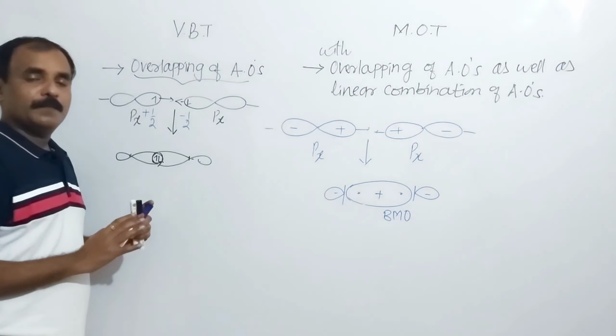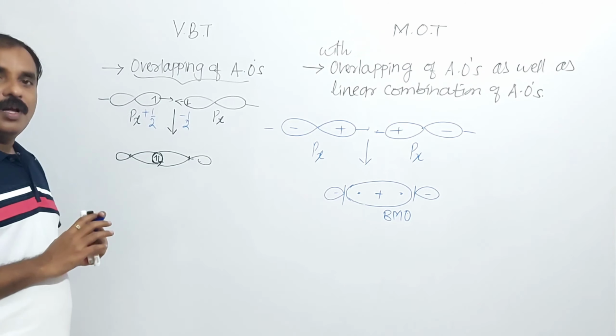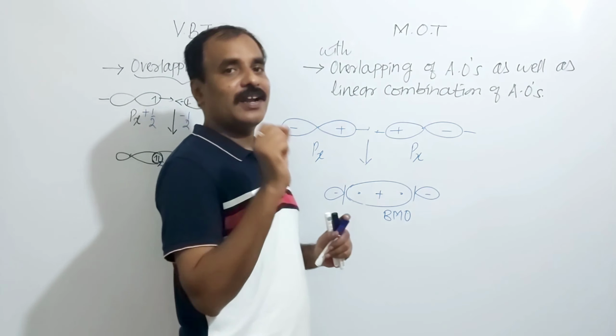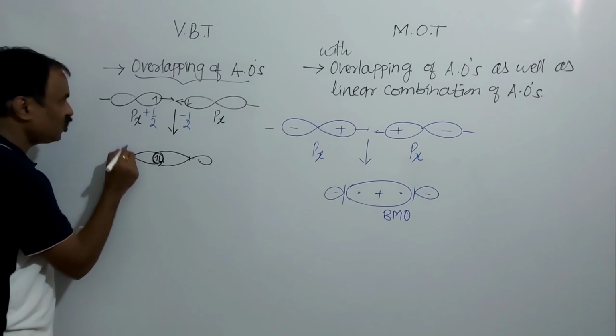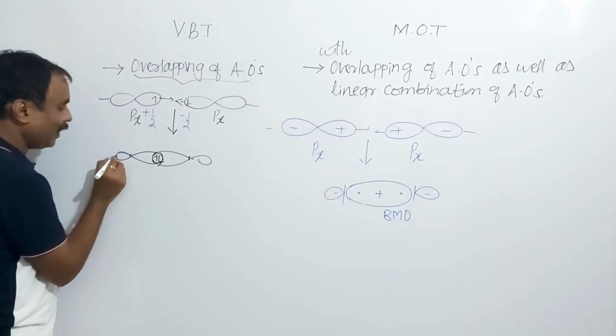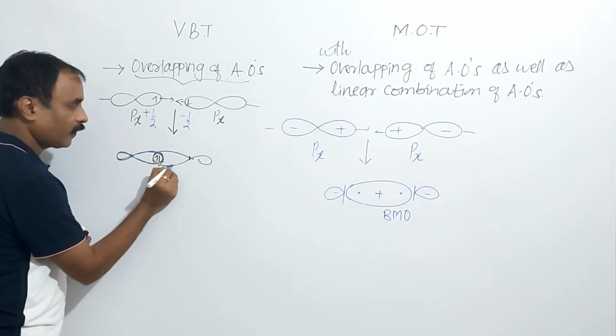Now see here, in valence bond theory, atomic orbitals retain their identity. See here, after overlapping of these two atomic orbitals, we can identify these atomic orbitals like this, isn't it?